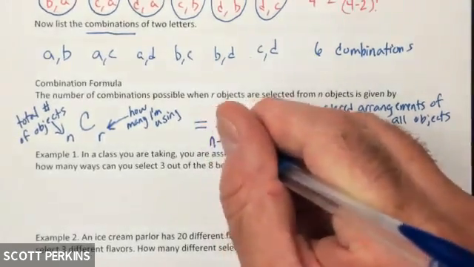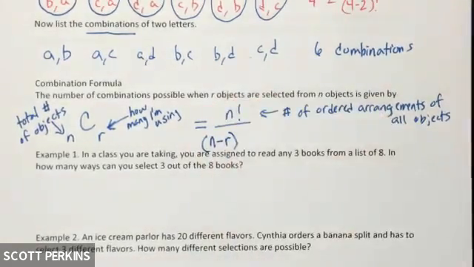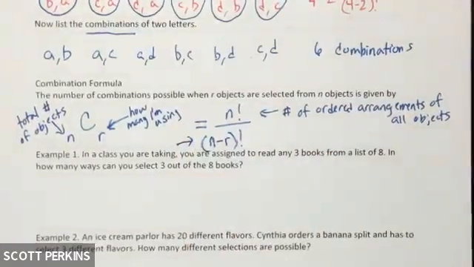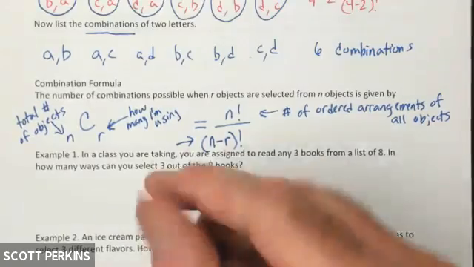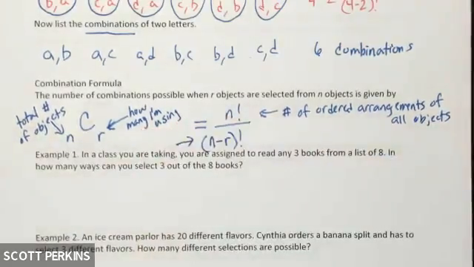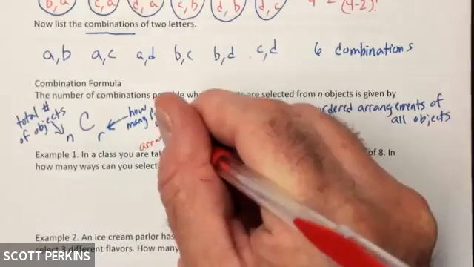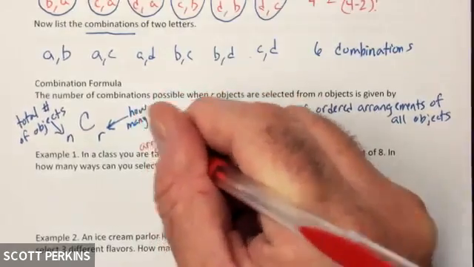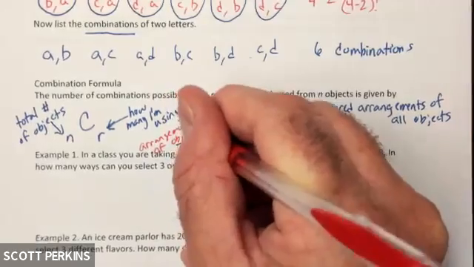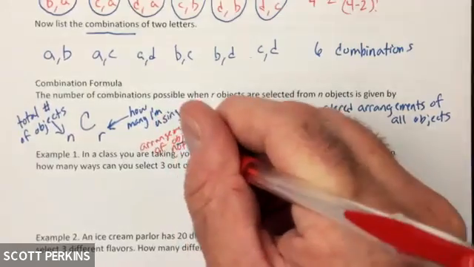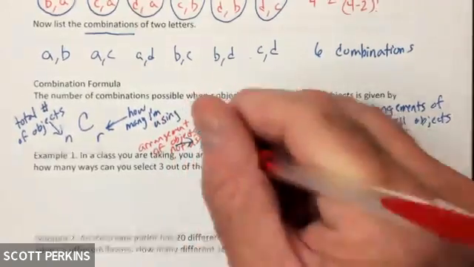Then last time, remember with permutations, we divided by n minus r factorial. And that was the arrangements of the things we're not using. Let me write this in a different color. So this is the arrangements of objects not used. If you can't read that, it says not used.